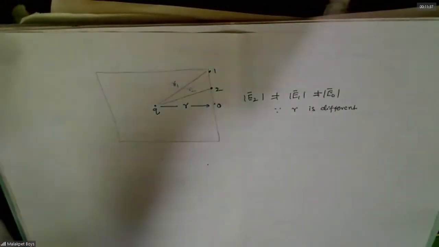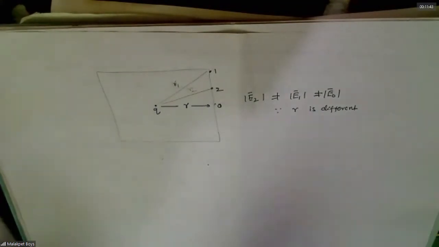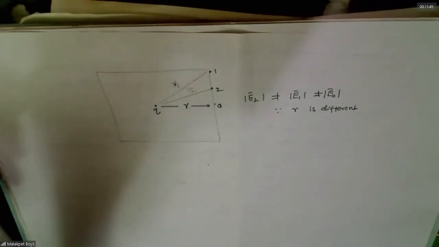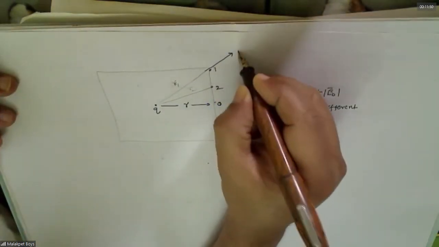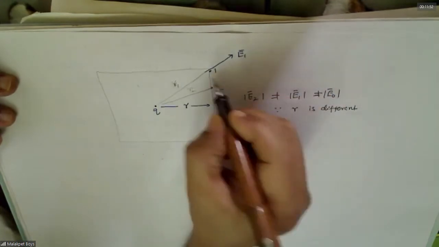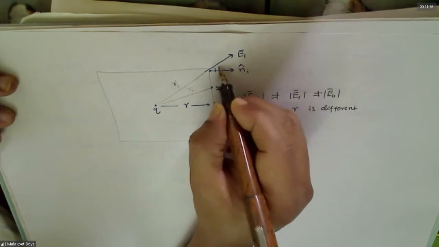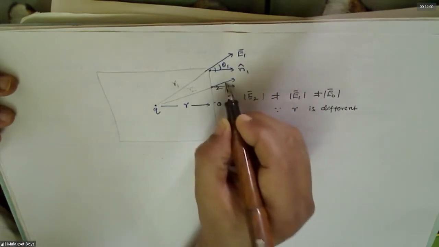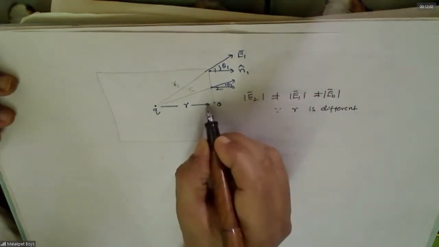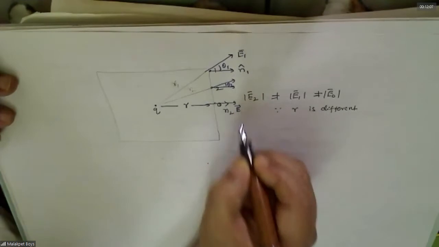Another problem you have is, will theta be the same? No, sir. If I keep a plus 1 charge here, it goes like this. This is E1, whereas for this point the normal is n cap. This is theta 1. Again, this is E bar, this is n2, another theta 2.